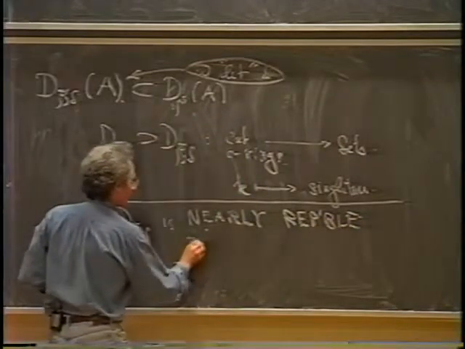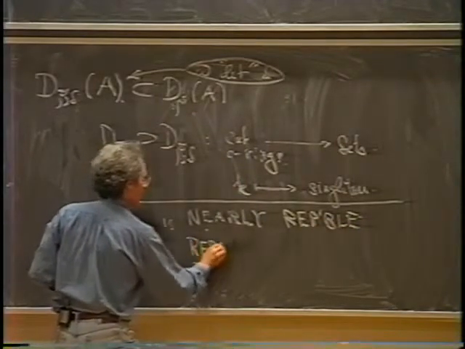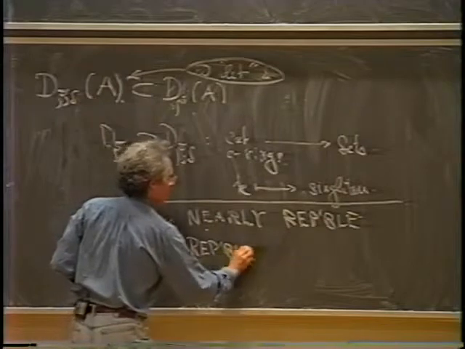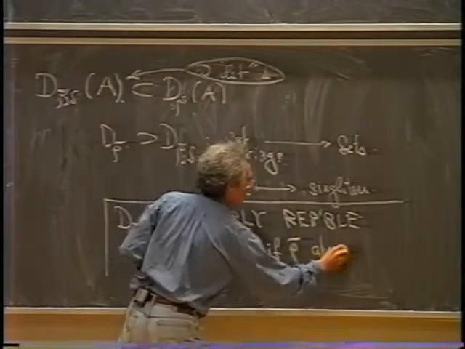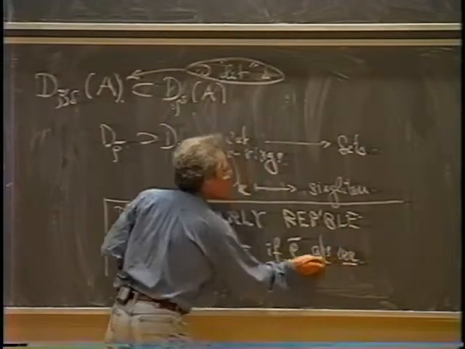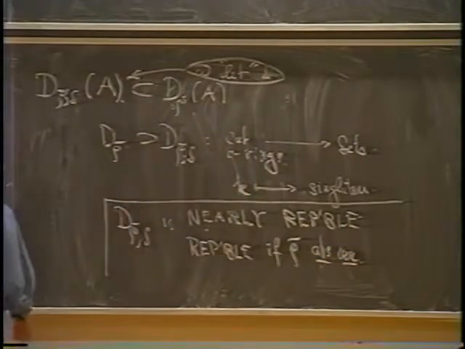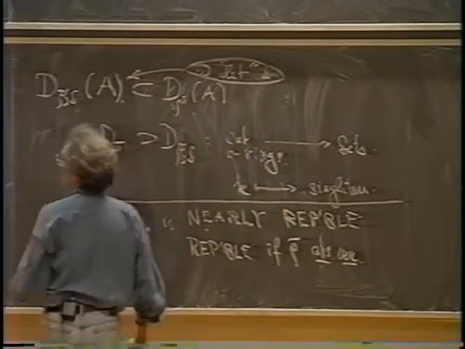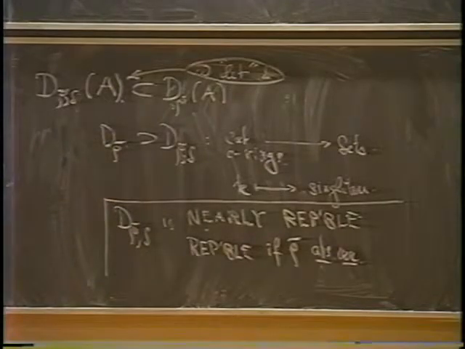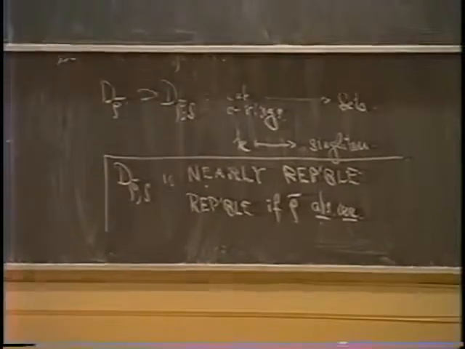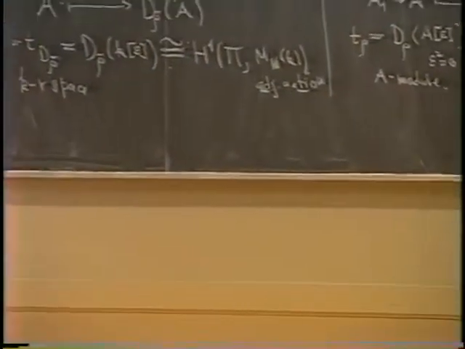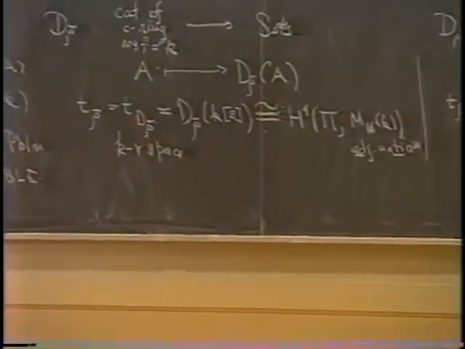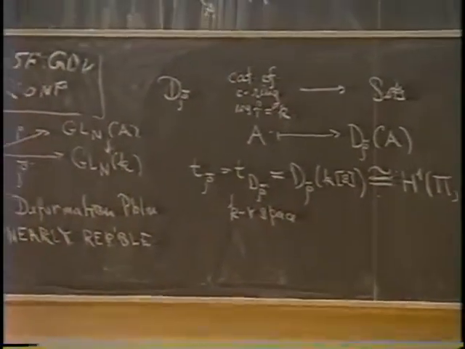And it's, in fact, representable if rho bar is absolutely irreducible. Well, it being nearly representable means, for example, that it has a tangent space, and so we should be able to compute the tangent space. So let me try to do that.